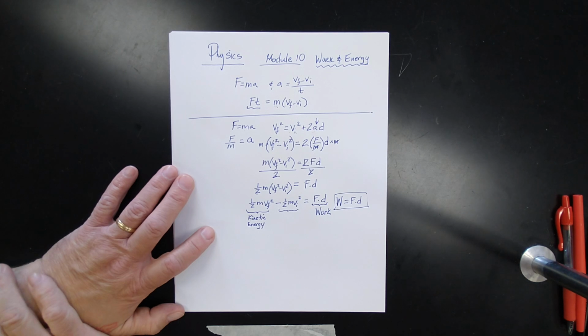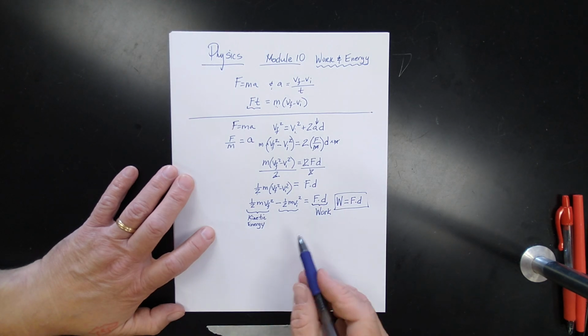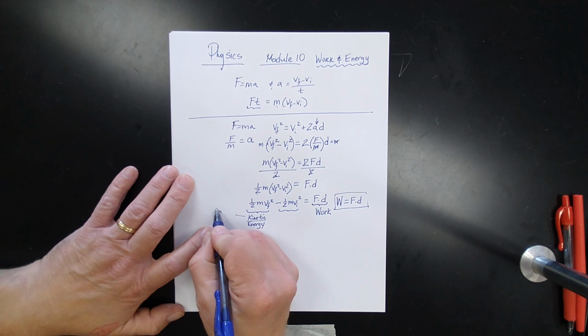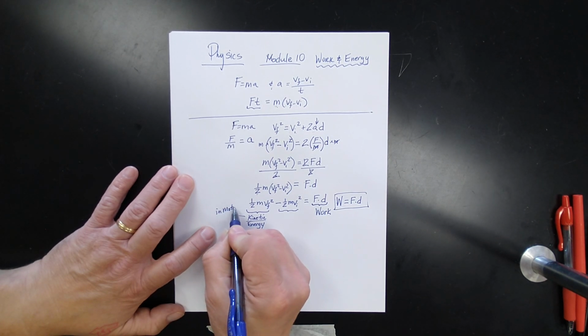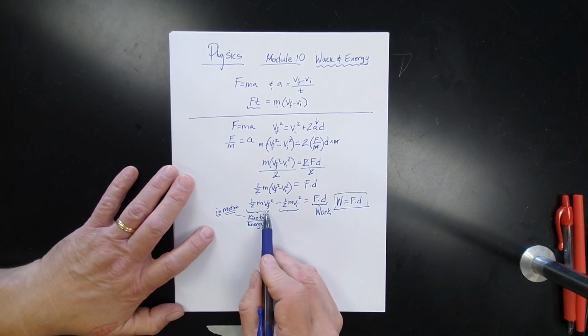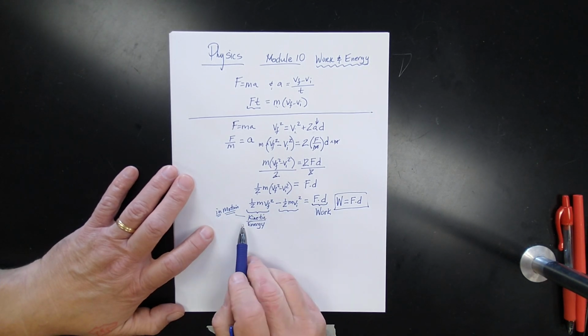Now I know you learned that in 5th grade science and you heard it multiple times in middle school, so I know it's no new concept to you. And you remember the word kinetic actually means in motion, right? It means in motion. And of course you can see that because it's got a velocity in it right there.